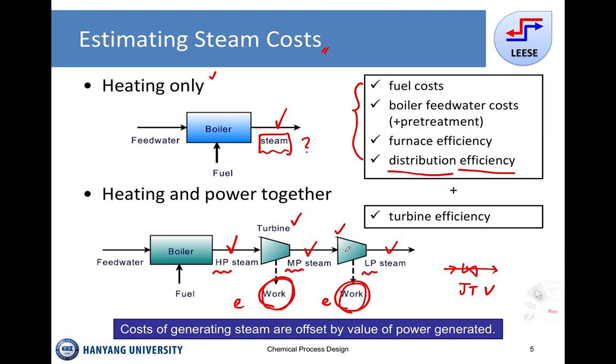In that case, we need to take into account the efficiency of the turbine in order to calculate the cost of the steam, MP and LP, okay? So the estimation of the cost of HP steam is the same, but for the estimation of the cost of the MP and the LP steam, we need the turbine efficiency, okay? Here and here.